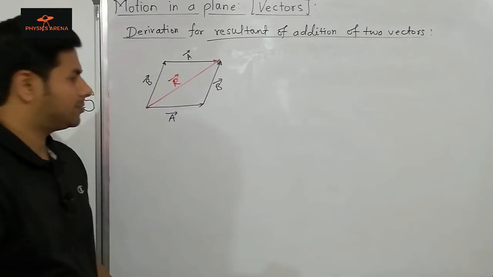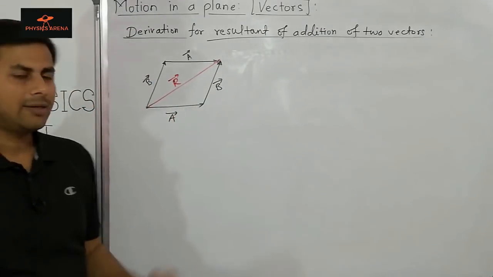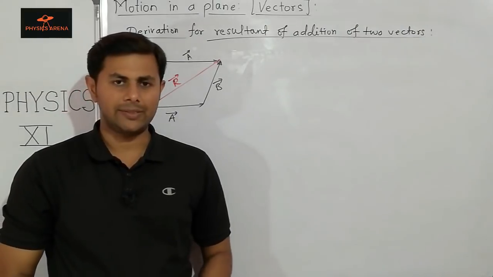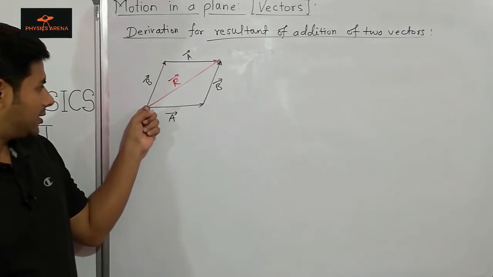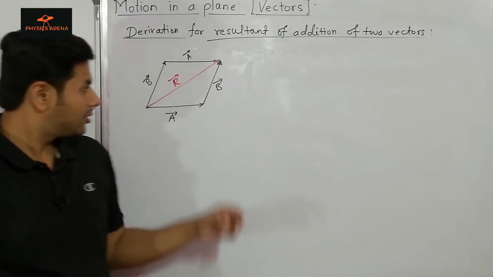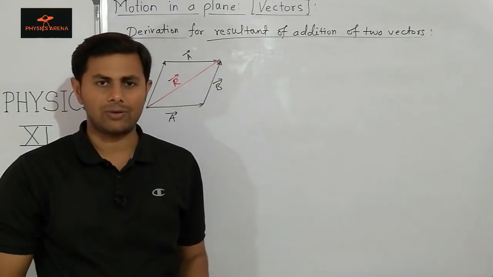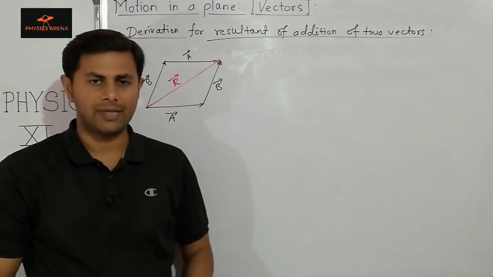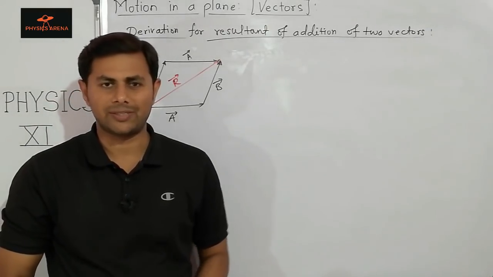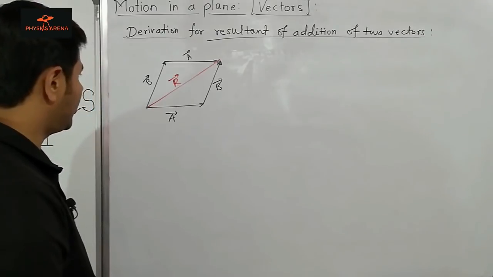This is the resultant. Suppose we have two vectors A bar and B bar represented by two adjacent sides of a parallelogram, and they start at the same point. Then the resultant is represented by the diagonal of the parallelogram, which also starts at the same point as the starting point of the two vectors. Now this can be called the parallelogram law.